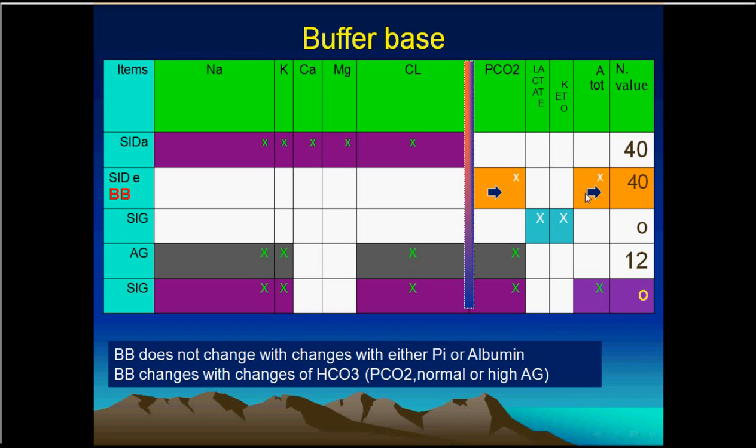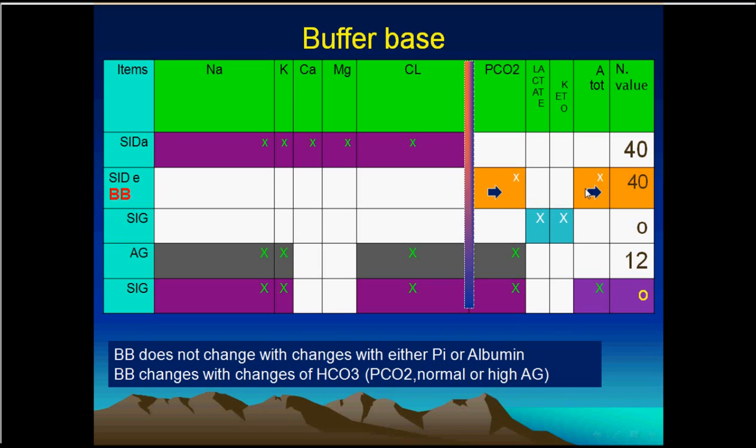A decrease in albumin of 1 gram will be associated with an increase in the bicarbonate of 2.5 mEq. So this decrease here is compensated by an increase here, so the total is still 40. So in hypoalbuminemia, there is an increase in bicarbonate, but at the same time the buffer base is the same. In hyperphosphatemia, there is a decrease in the bicarbonate, but the sum, this plus that, is 40.